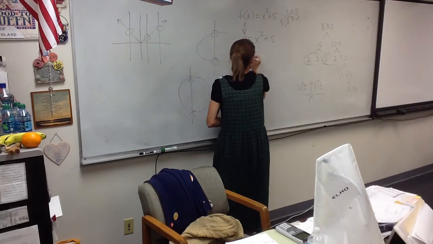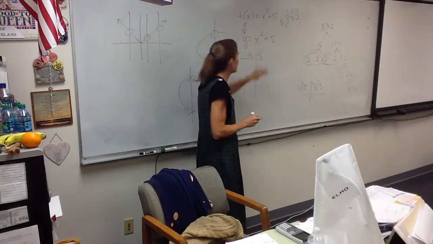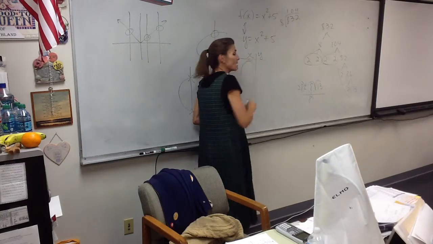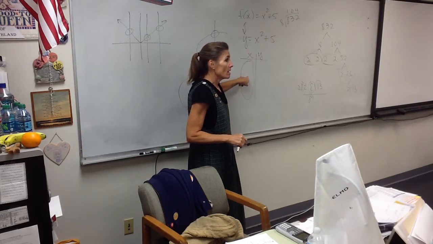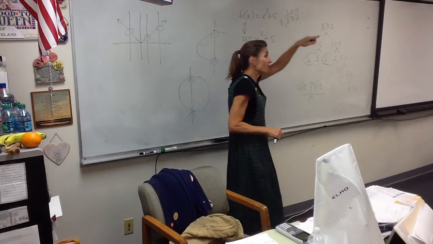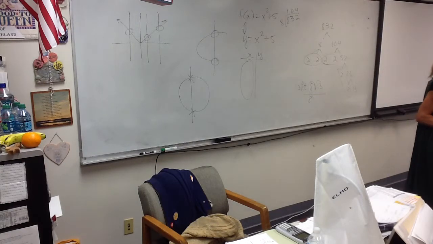If I were going to set up a t-chart so that I could plot some points and graph it, what x's would I be allowed to put here? That's my domain. 0, -1, 1. Okay, somebody picked 0, -1, and 1. Could I pick any other numbers, or are those the only numbers? Any number.